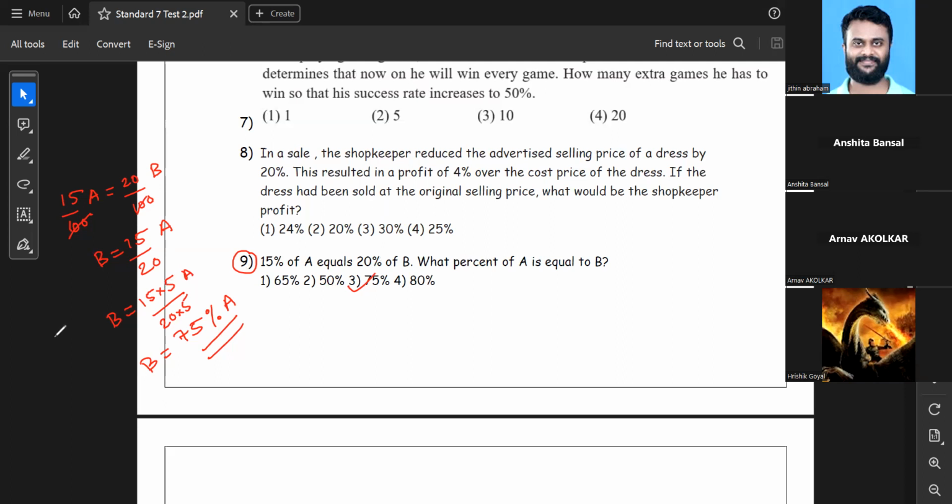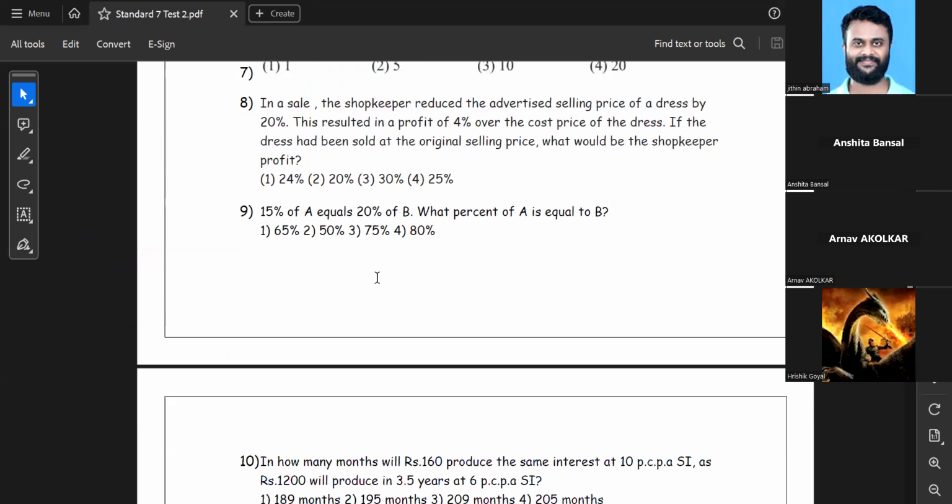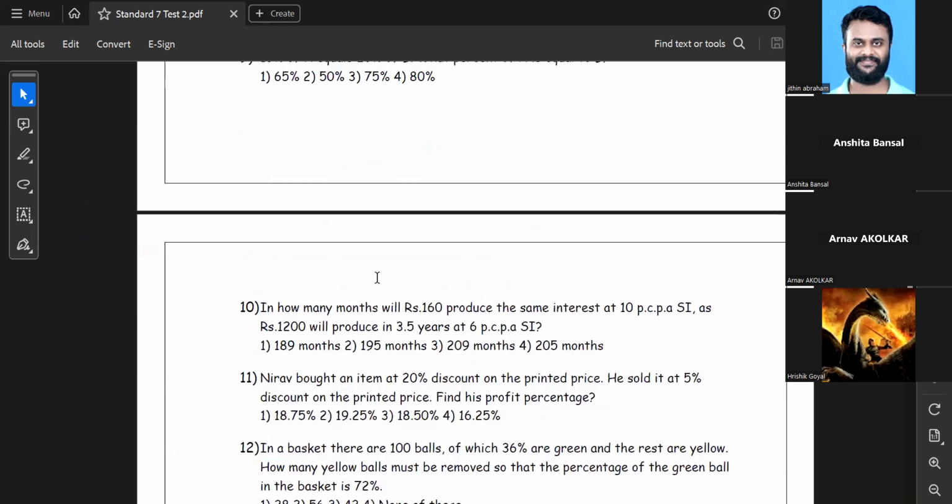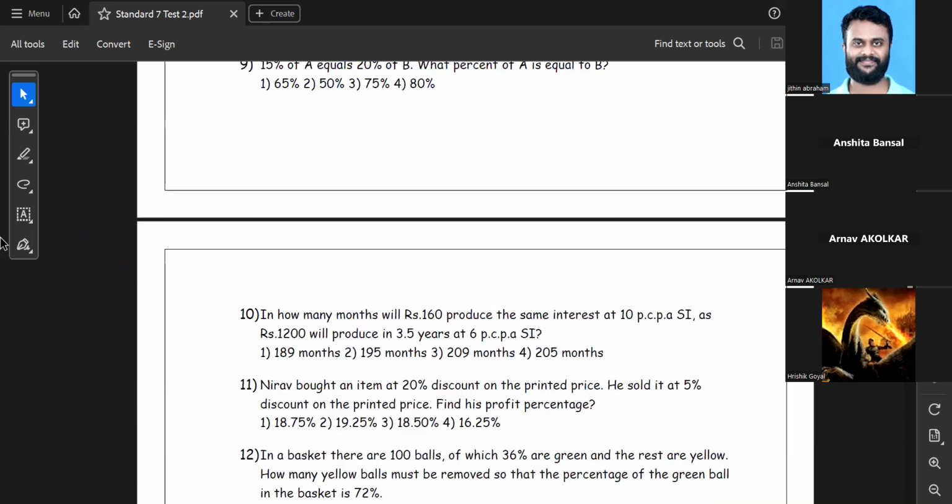Now let's proceed to the next question, dear children. 10th question. In how many months will rupees 160 produce the same interest at 10% per annum, simple interest, as 1200 will produce in 3.5 years at 6% per annum, simple interest?